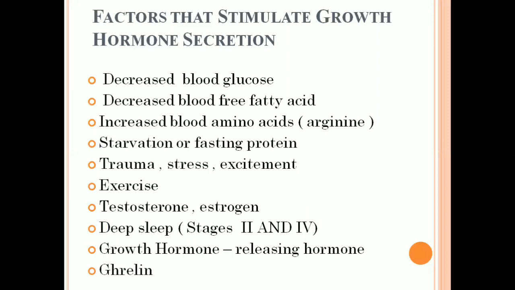The growth hormone releasing hormone, which is synthesized by the hypothalamus, will also increase the secretion of growth hormone. The last hormone is ghrelin. Okay, what is ghrelin? It is a hormone secreted during starvation. During starvation, there is decreased glucose level, and this ghrelin will stimulate growth hormone secretion, which ultimately will increase the blood glucose and bring the body to a normal state. That's all the hormones that increase.